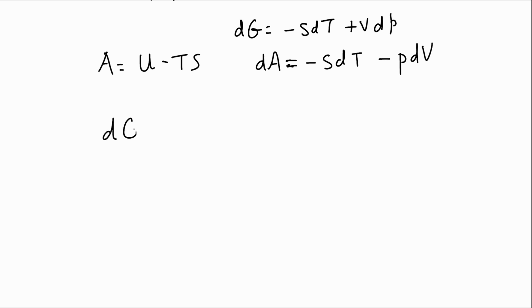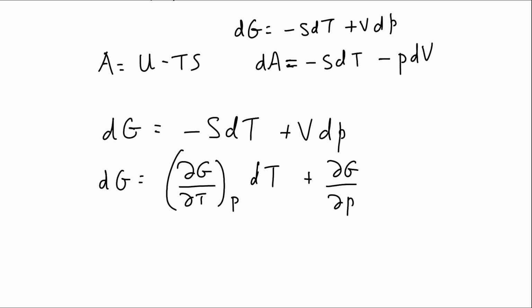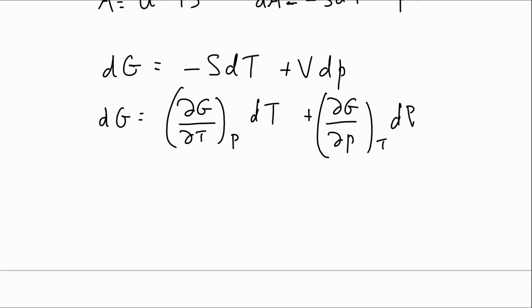So I have my dG, right, and I have minus SdT plus VdP, and that tells me, we're still reviewing here, it tells me what the partial derivatives of that function are.